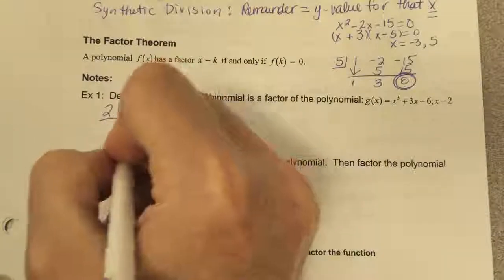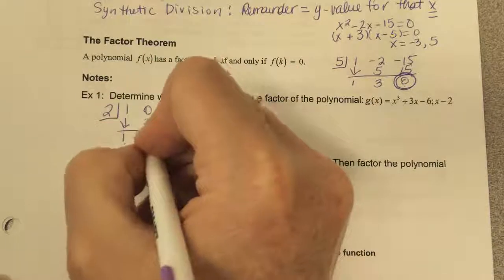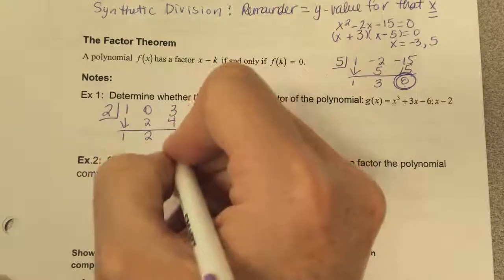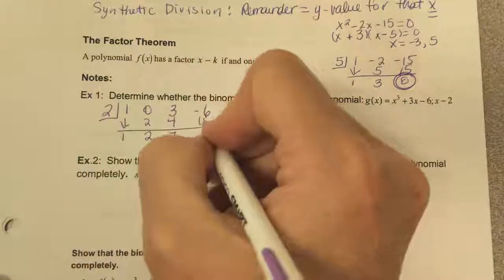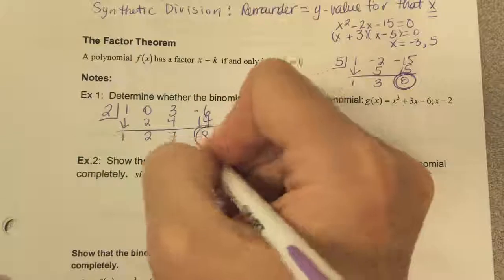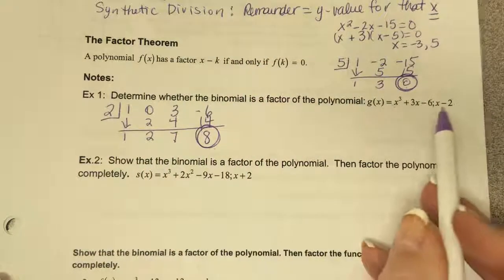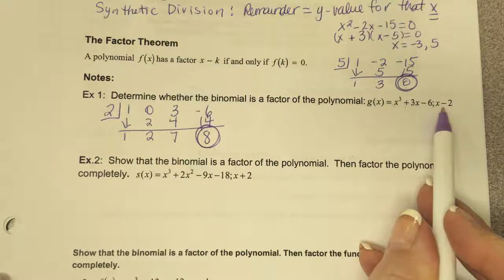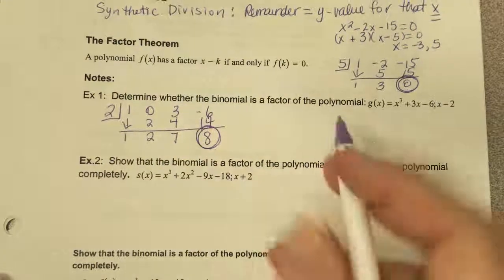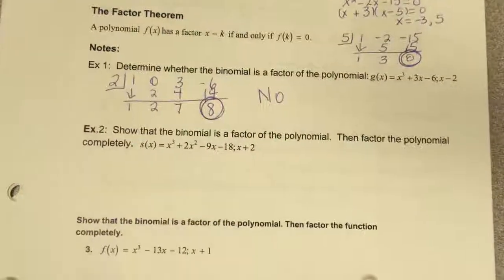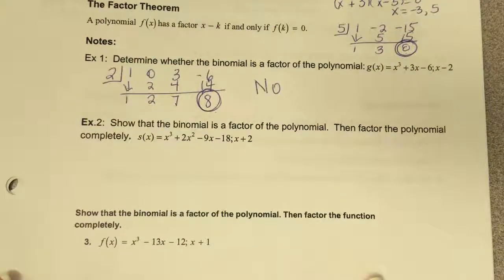We bring this down, we multiply and add, we multiply and add, we multiply and add. What did I have to get here in order for this to be a factor? 0, did we? No, so therefore, no. It is not going to be a factor of the polynomial.